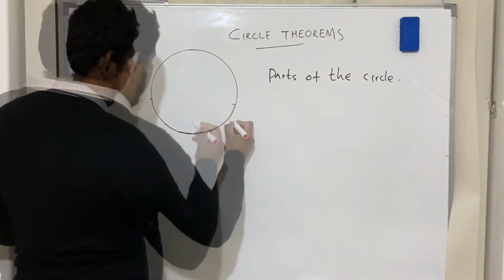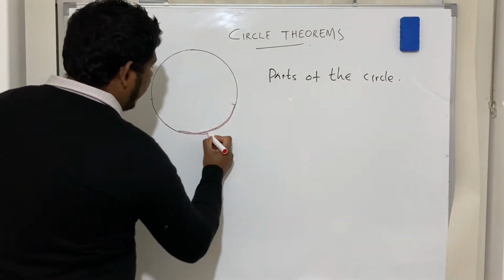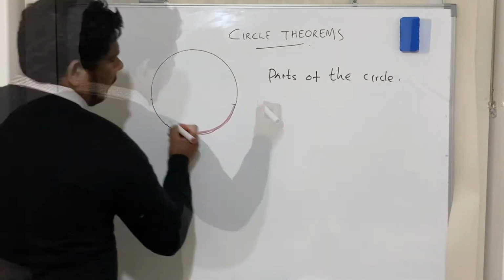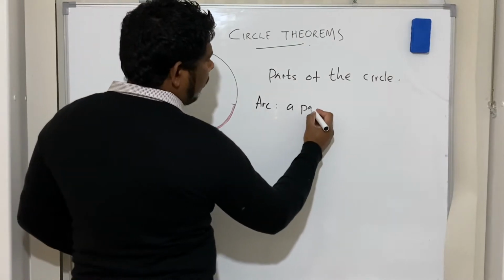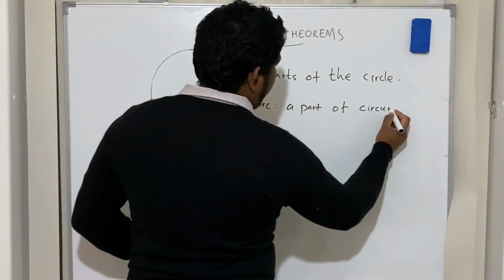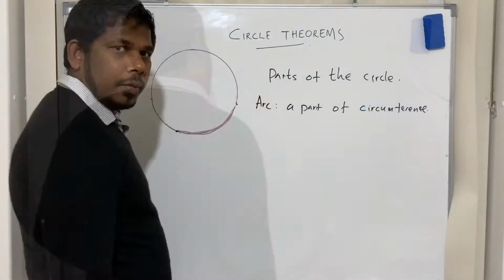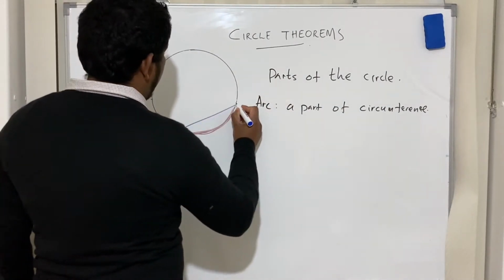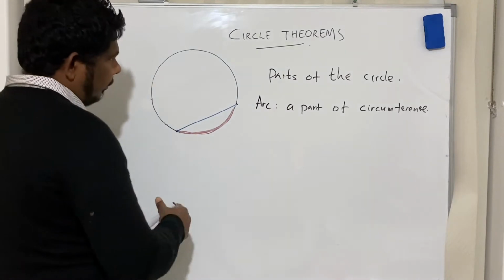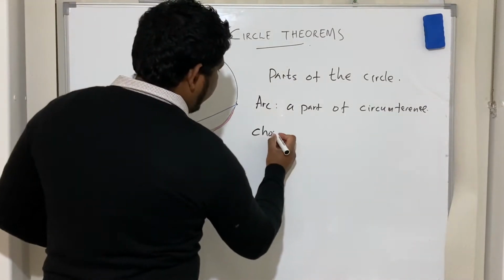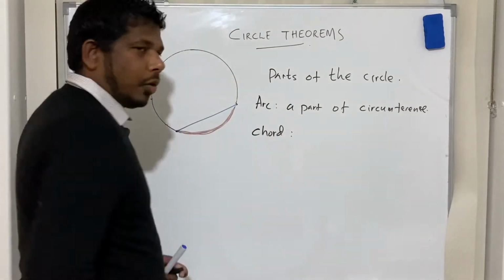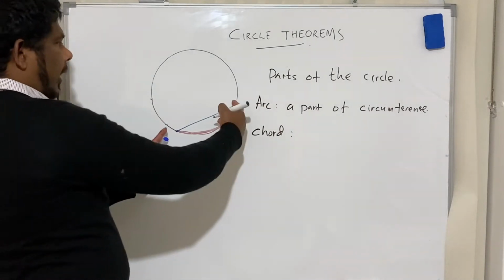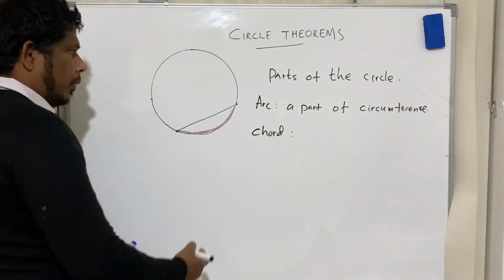Arc is a part of the circumference. The next one is chord. A chord is a line connecting two points on the circumference.